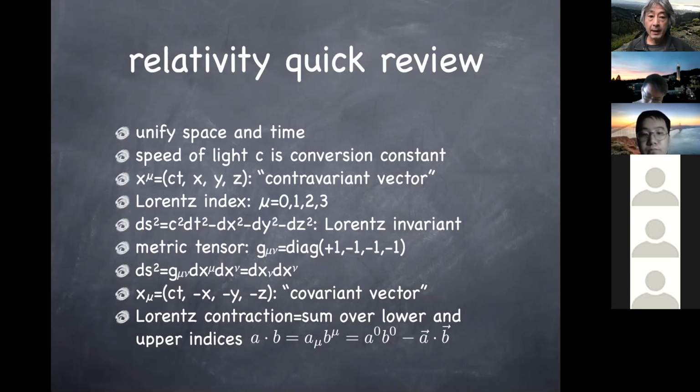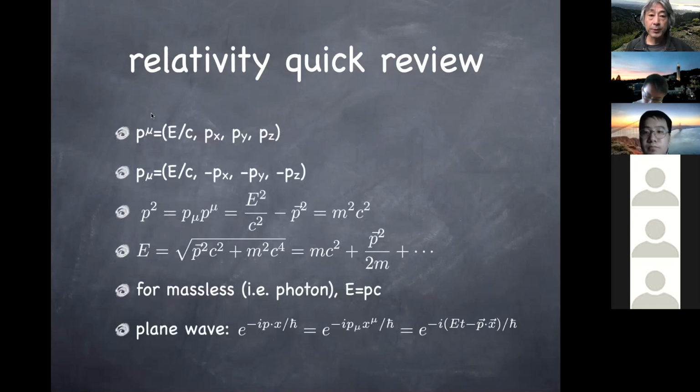Okay. More review. So that's what we talked about as the space-time coordinates. You also have the energy and momentum of the particle, now put together into a 4-vector. This is the 4-momentum vector, or energy-momentum 4-vector.